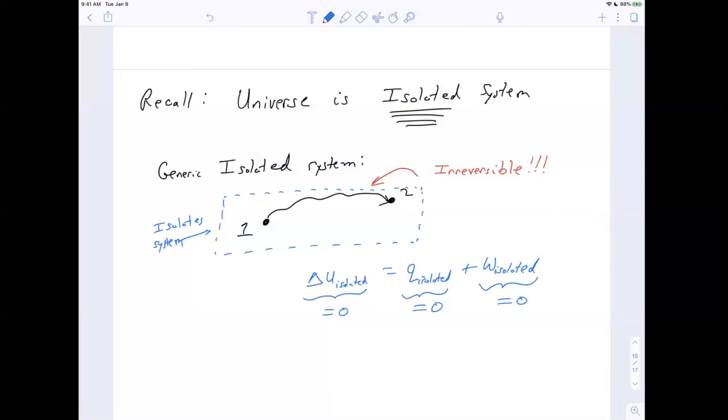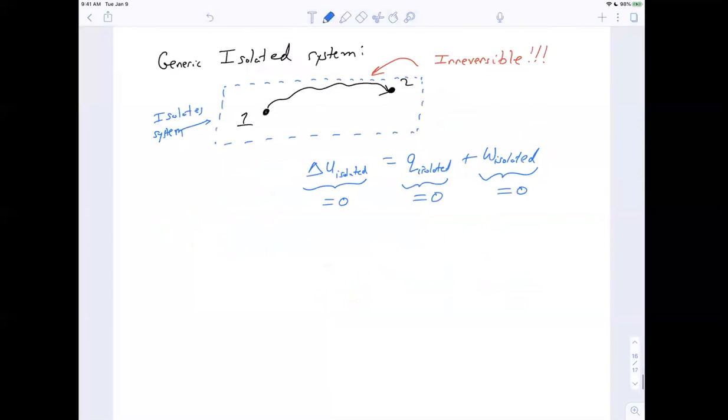So the system undergoes a process from state 1 to state 2, both equilibrium states. This system is isolated, so there's no delta U, there's no Q, and there's no W. Keep in mind that this is an irreversible process that the system undergoes. So for this 1 to 2 process of this isolated system, Q irreversible is equal to, anyone?